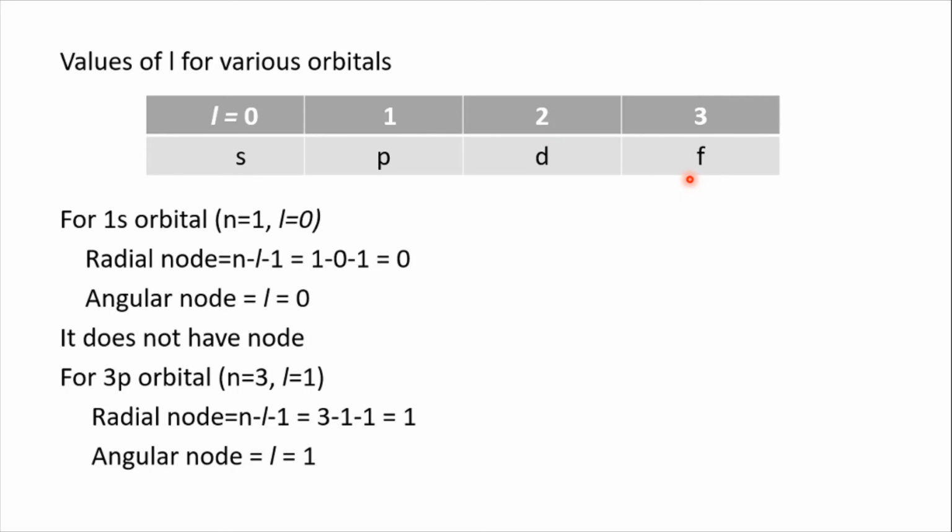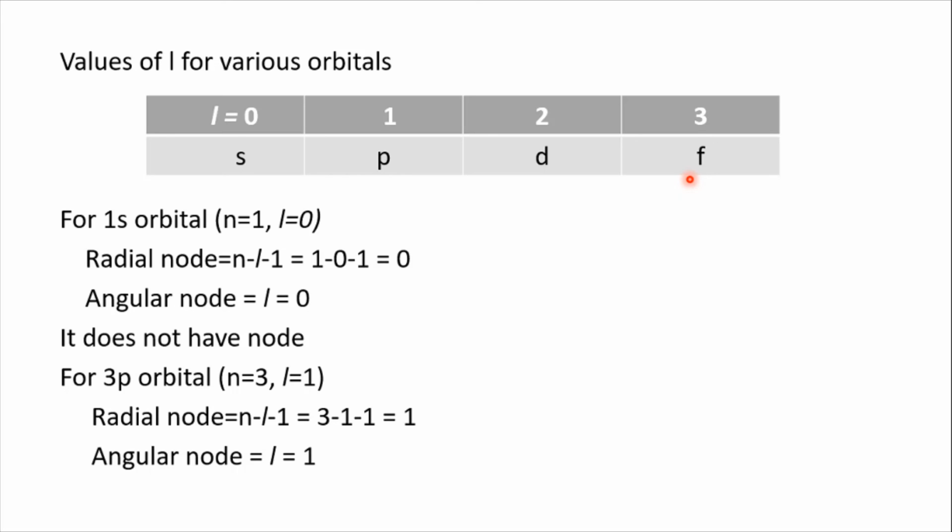So for the 1s orbital, the radial node is equal to n minus l minus 1. n is 1, l is 0, minus 1 is equal to 0. That means for the 1s orbital, the radial node is 0. Angular node is equal to l, which is 0. That means the angular node is also 0, which implies that it does not have a node.